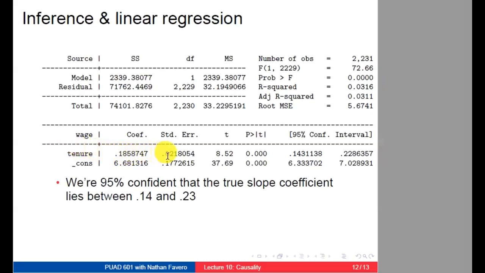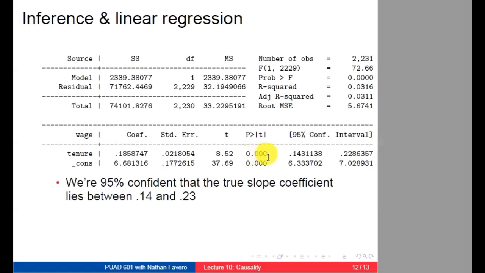You'll see that right beside this coefficient, we have an estimate of the standard error of that coefficient. In other words, how precise is our estimate, taking into account the random noise in the data set and the fact that we have a finite sample. We have about 2,000 observations. Beside that, we see a t-score, which is similar to what we get from a t-test, and we see a p-value.